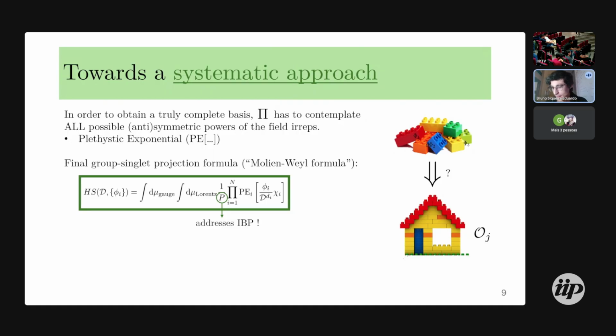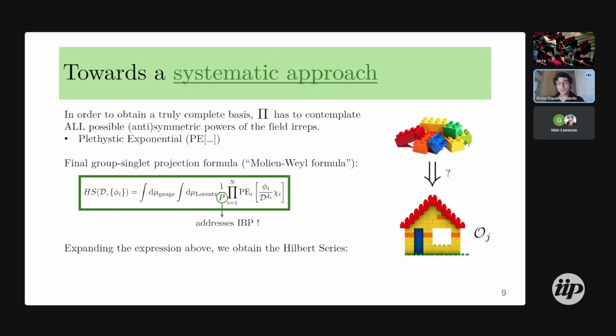So imagine that to every field that you have, you can always apply an infinite tower of derivatives on it, and you don't want an infinite tower of derivatives. So this 1/P takes into account this integration by parts redundancy that you have for each field, okay?